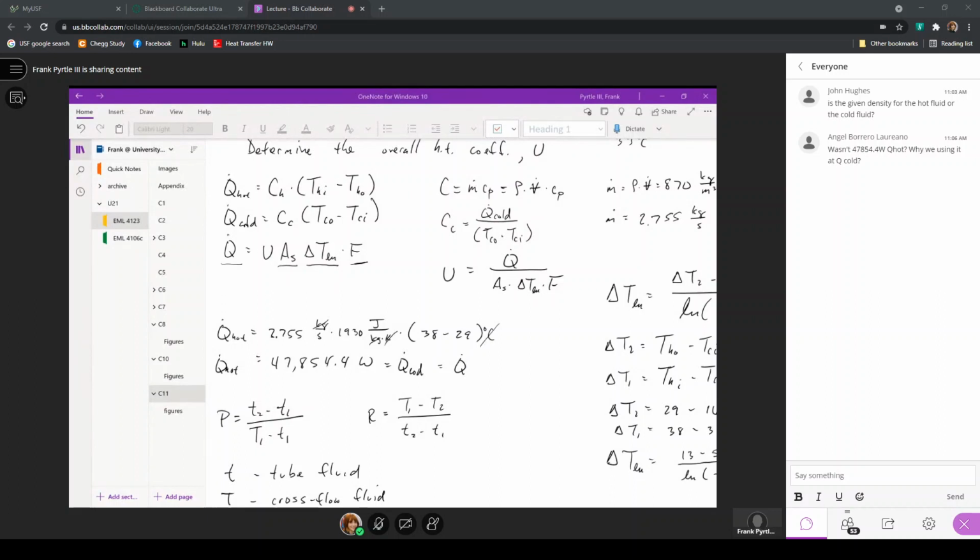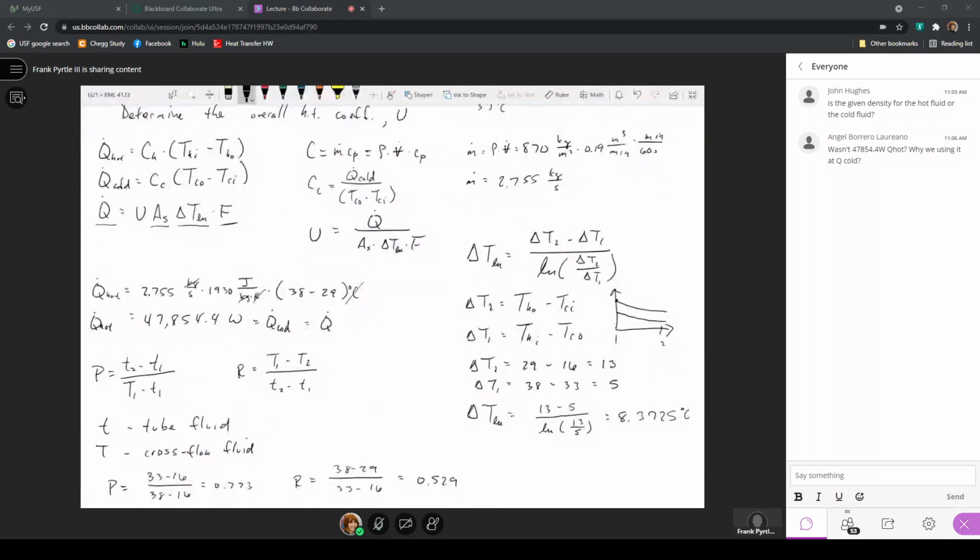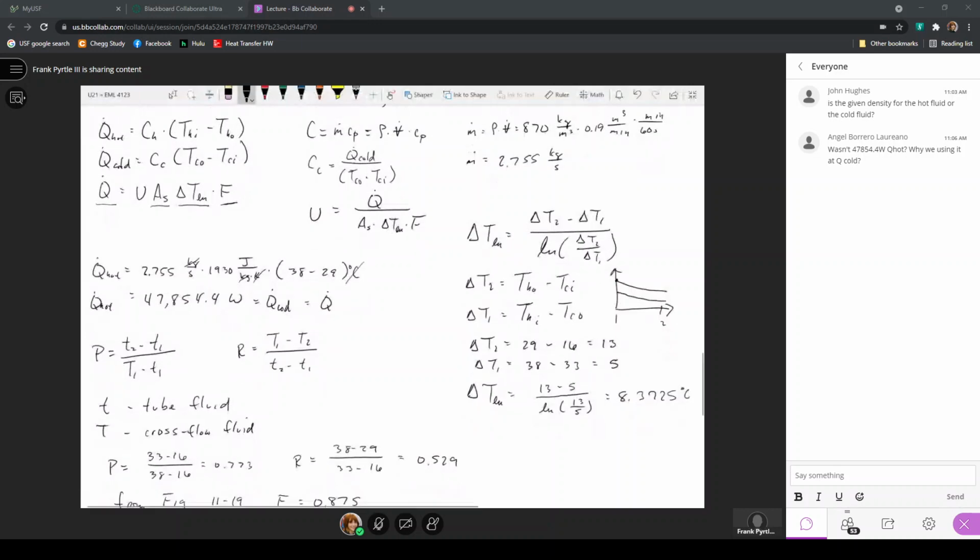The heat transfer rate out of the hot fluid is exactly the heat transfer rate into the cold fluid, which is exactly the heat transfer rate exchanged between the two fluids. This is conservation of energy.